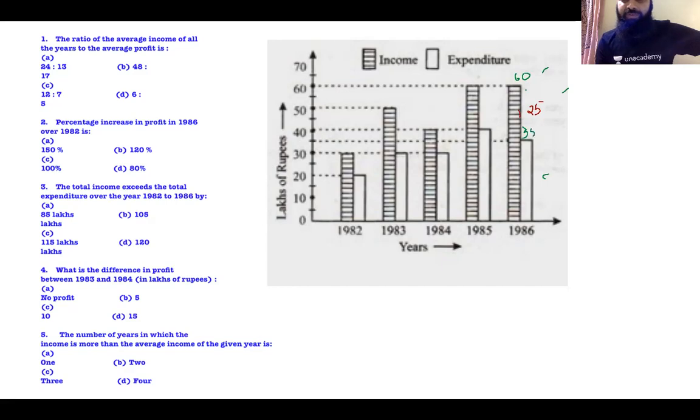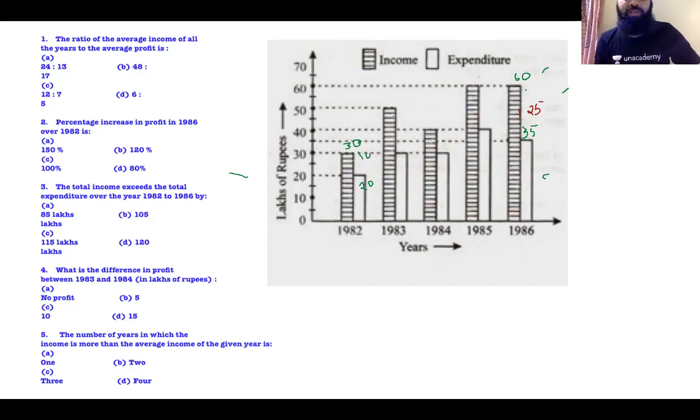So the difference between both of them is 25. In 82, it has been 30 and this has been 20. So the difference is 10.